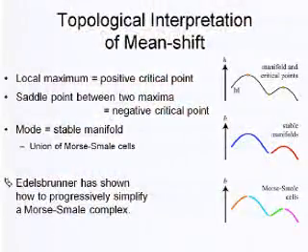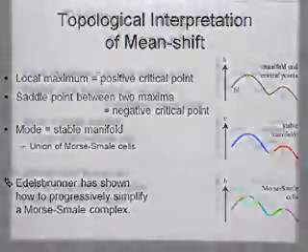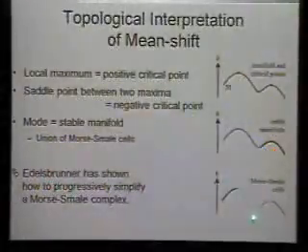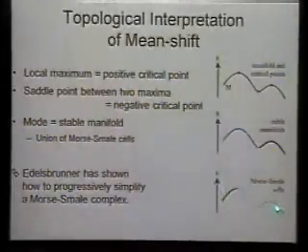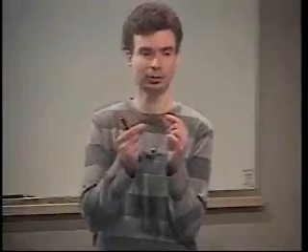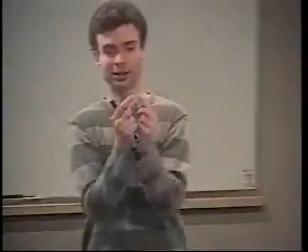What's interesting is that Edelsbrunner, who is at Duke, has explained how you can simplify such a Morse-Smale complex by taking into account the noise, because he was worrying about what you said. If there's noise, maybe I have a lot of small modes that are not very relevant, and some of them are just not interesting at all.